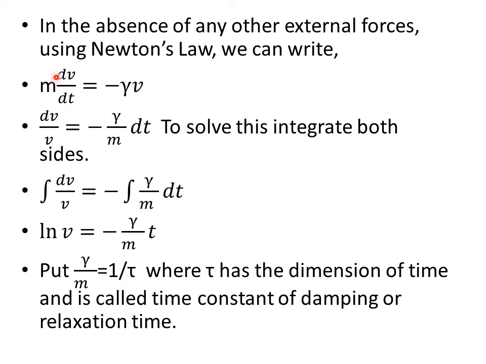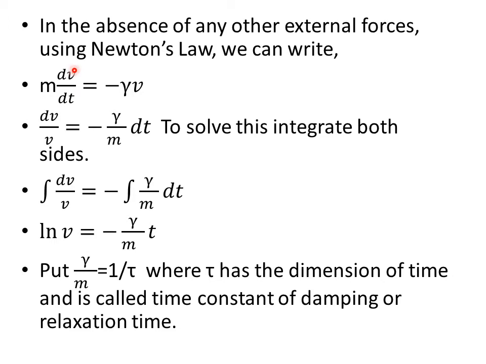So m into dv by dt is equal to negative gamma into v. This is the force acting on the body, and this is the damping force which is present. This force is due to the movement of the body.